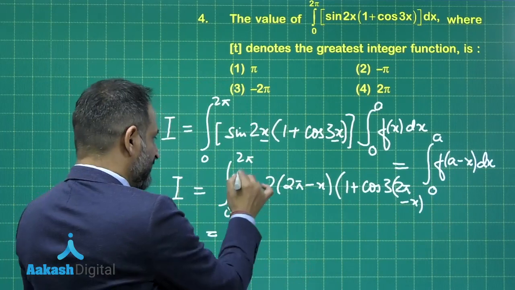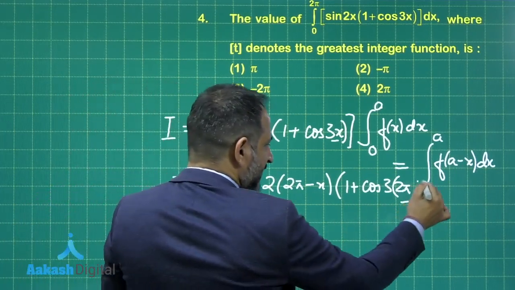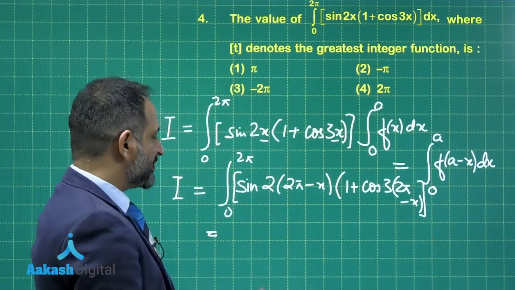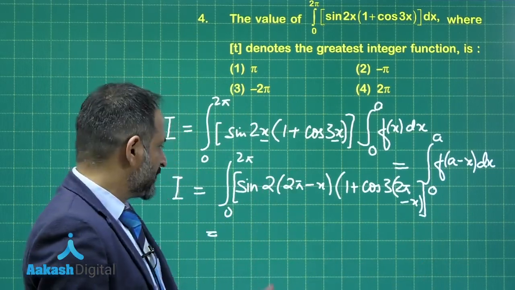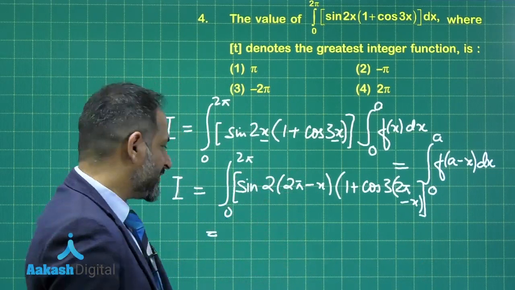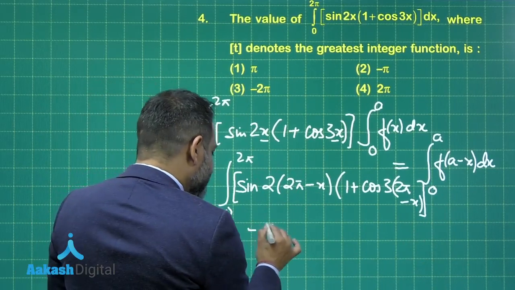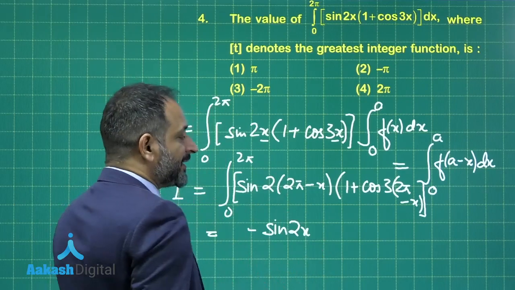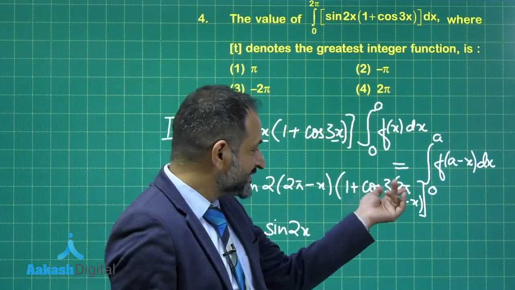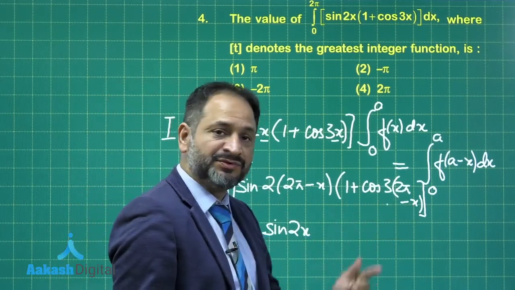There is a greatest integer as well, you know it. Now this will become 4 pi minus 2x. The fourth quadrant is there, so this will give you a negative sign, that is minus of sin 2x. Again here this will be 6 pi minus 3x.